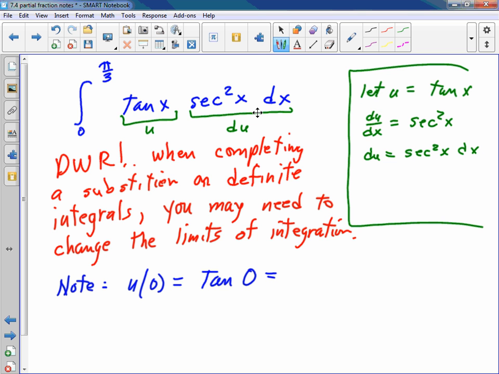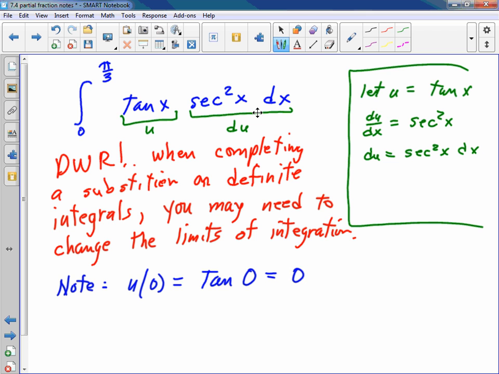It's undefined at pi over 2. What is it at 0? All right. Tom, what's tangent of 0? Oh, I kind of gave it away. It's 0. Oh, man. Mo, is that what you're going to say? Yeah, it's 0. I gave it away.